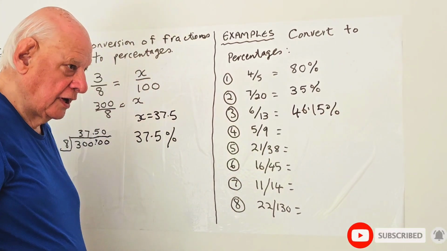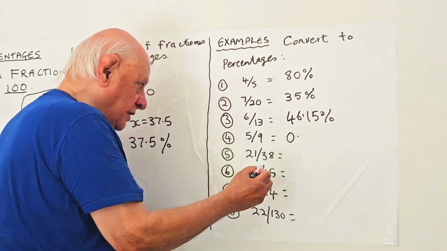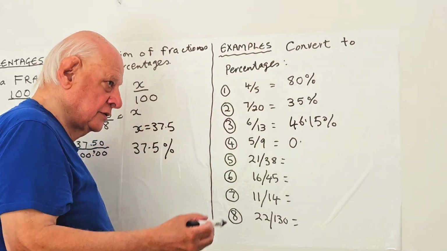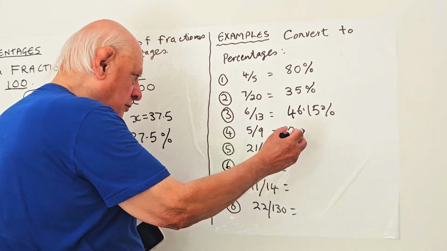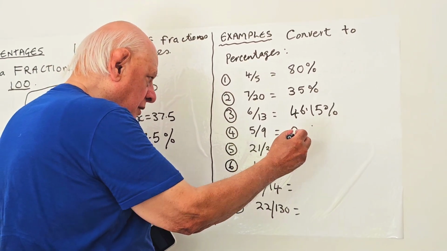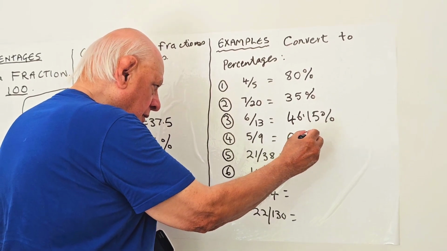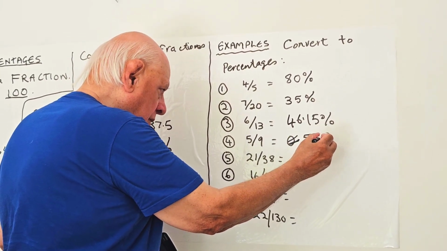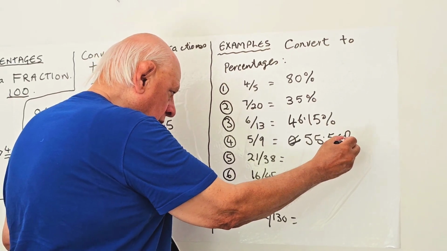Then 5 out of 9. This one you should know, if you convert that to a decimal, it's just a row of 5s going on to infinity. So to give that to two decimal places would be 55.56%.